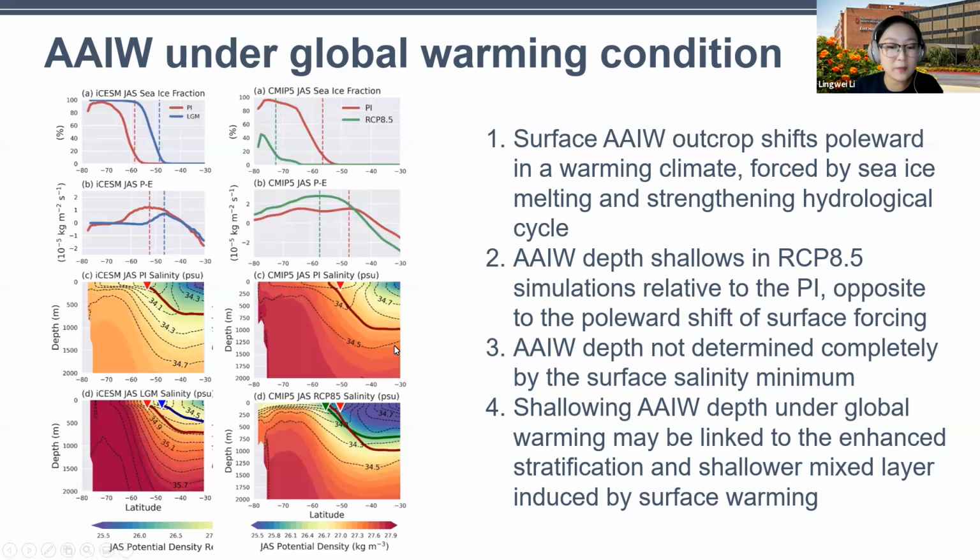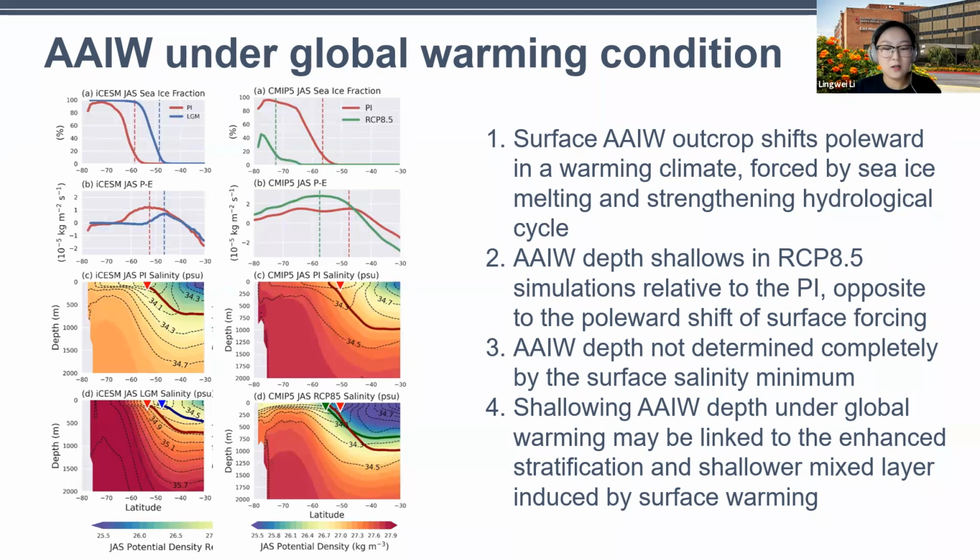Unfortunately, the detailed mechanism for AIW under global warming is beyond the scope of this study, and we suggest that the shallower AIW depths under global warming may be linked to the enhanced stratification and shallower mixed layer induced by surface warming.